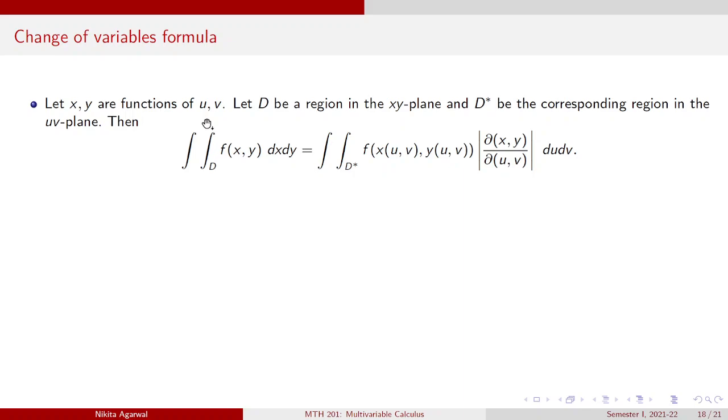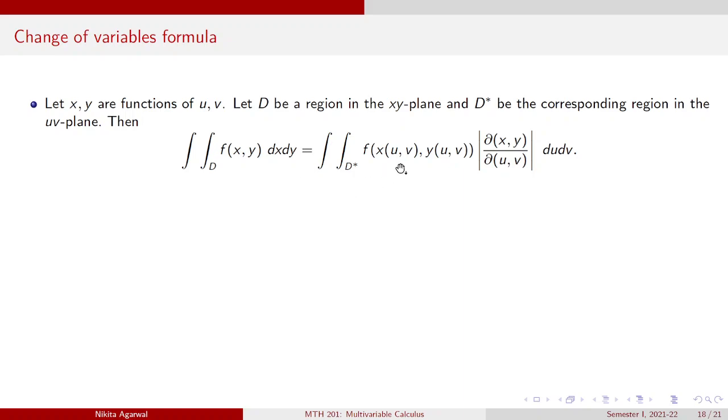Then the double integral of f over the region D in xy coordinates is the same as: you replace x as a function of u and v and y as a function of u and v, and you have an extra factor, which is the Jacobian determinant, du dv, over D star, which is the corresponding region in the uv plane. So now it's clear, right?